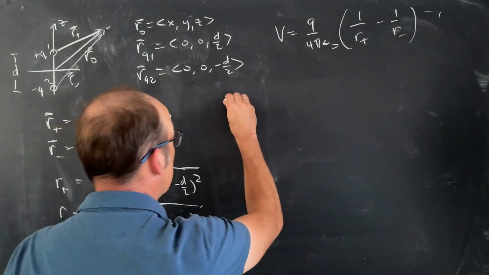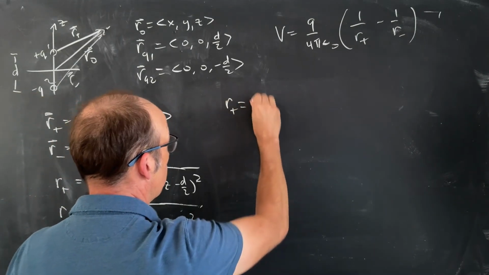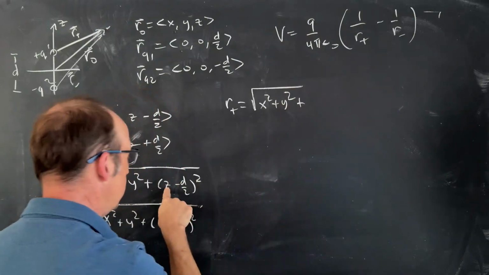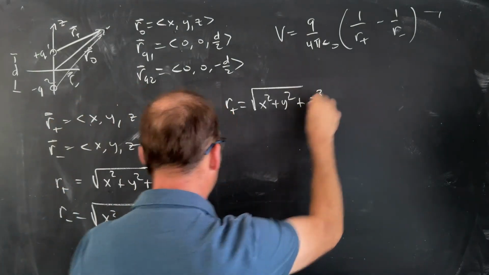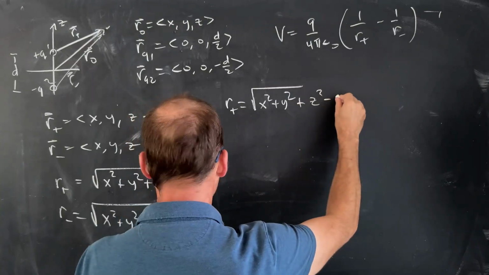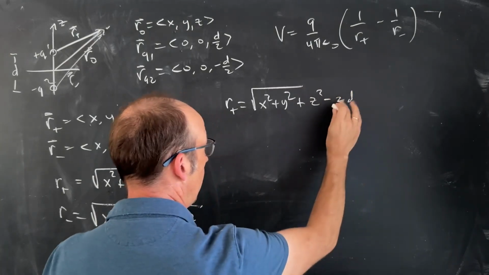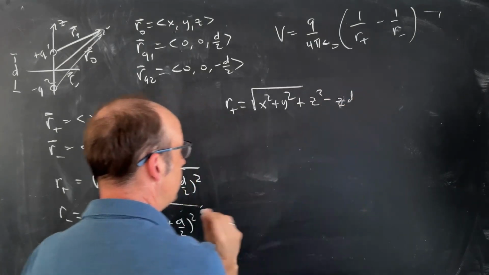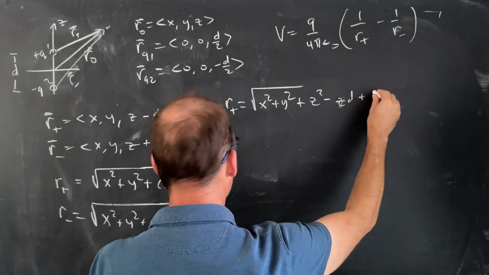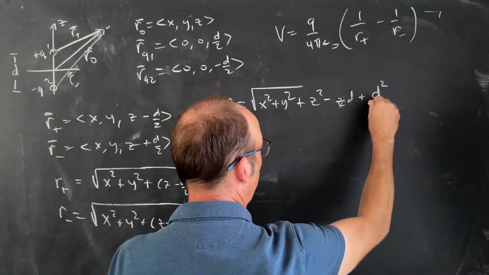So I'm going to write this r plus as the square root of x squared plus y squared plus z squared. And then I have this times this and this times this. So minus zd, because I have z's and 2's. And then plus d squared over 4.